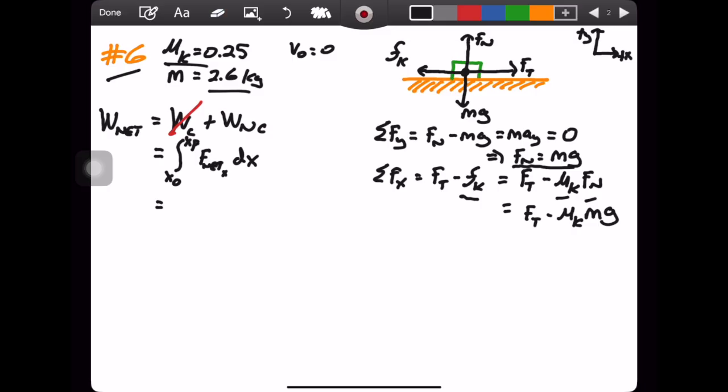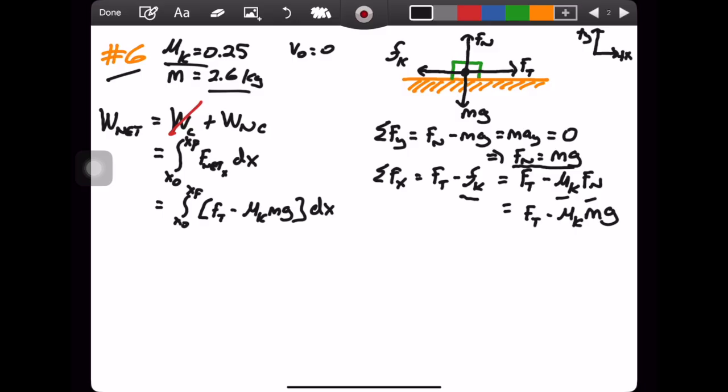In this problem, our free body diagram tells us that the net force is going to be equal to the force due to tension minus mu k mg. And then I have my dx term.